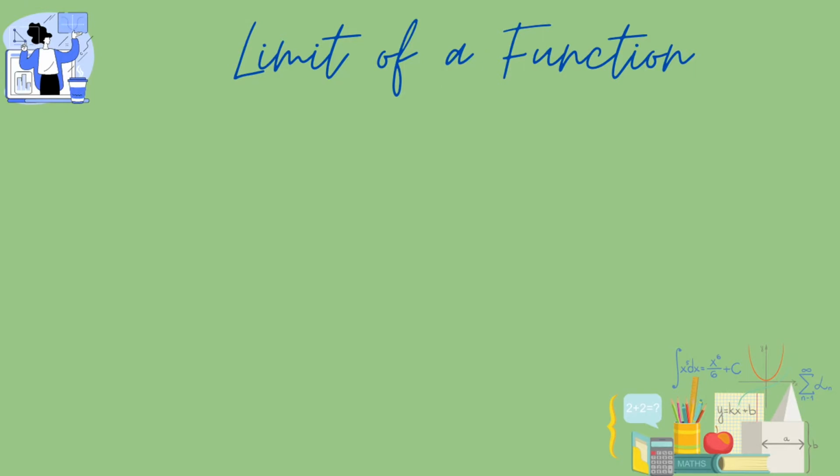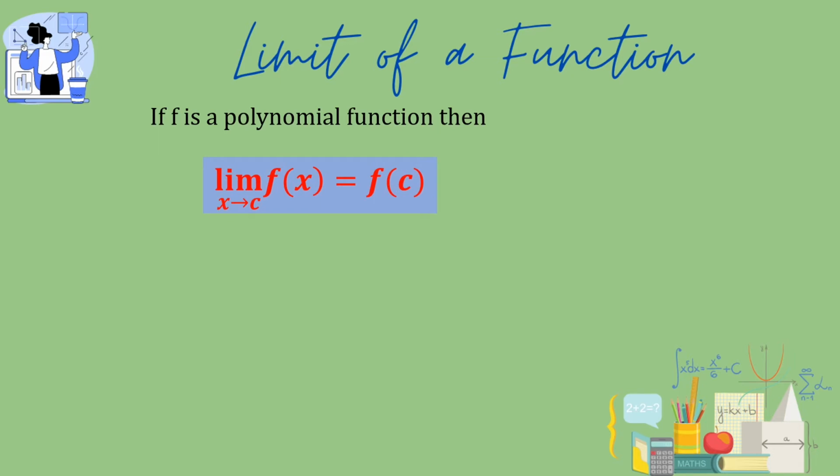Combining the generalizations we have discussed so far, we can conclude that if f is a polynomial function, then the limit of f of x as x approaches c is f of c, and therefore the limit is determined by substituting the value of x to the equation.